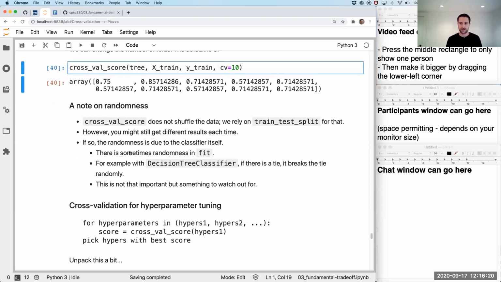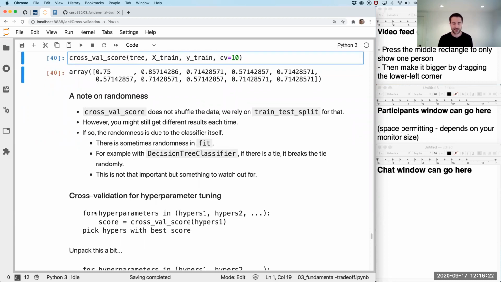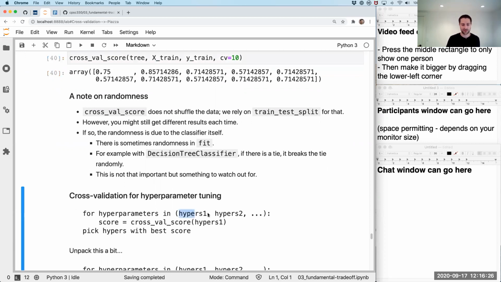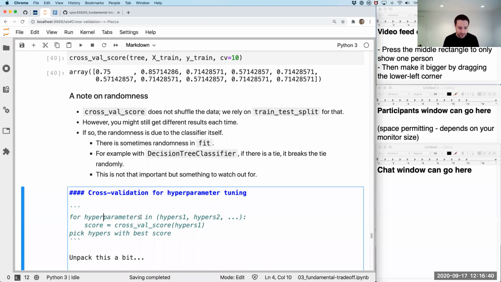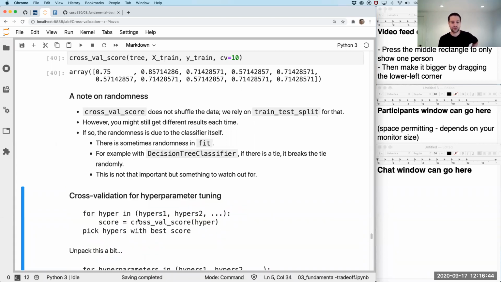So a general framework here is that if you're trying to pick between hyperparameter number 1 or hyperparameter number 2, you can try different values of hyperparameters, like max depth equals 1, max depth equals 2. And for each one, you can try it out.